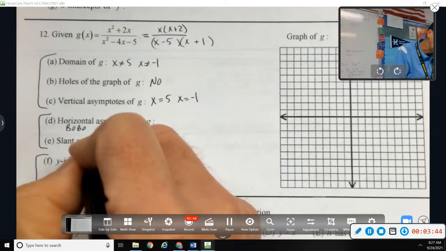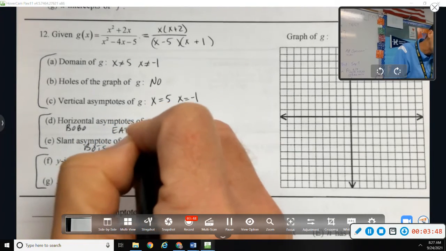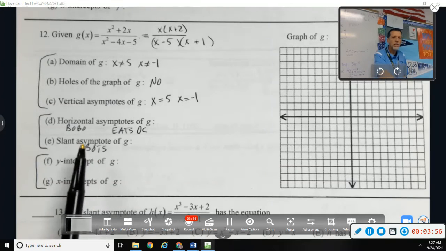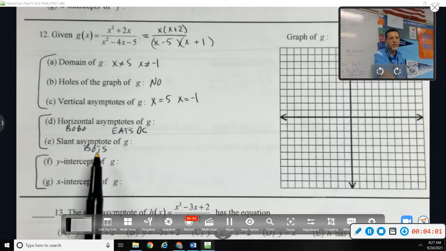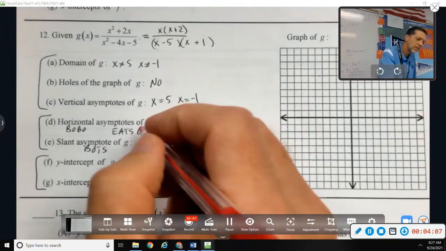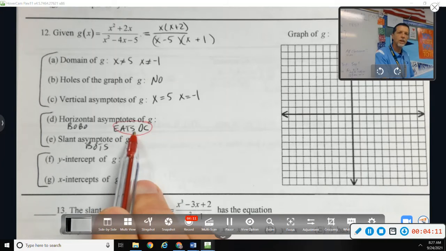But it's probably best to just answer the questions in order, because we're always going to ask the same questions in the same order. So you get maybe a little bit of a routine on what you're looking for and what you're finding. Horizontal versus slant. Remember, there's always one or the other, never both. Is this a BOBO, a BOTS, or an EATS DC problem? EATS DC, because the exponents are the same.